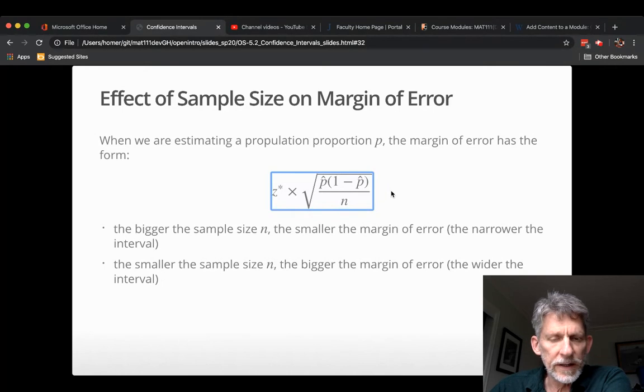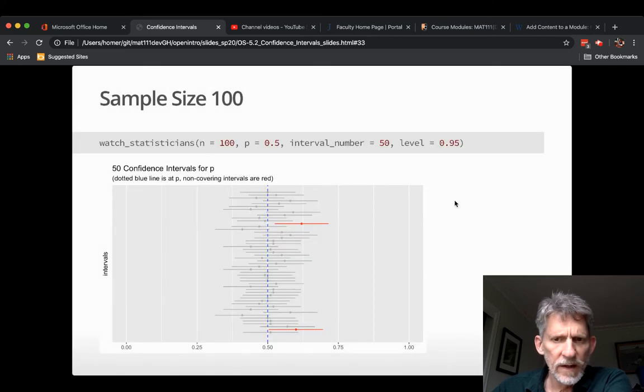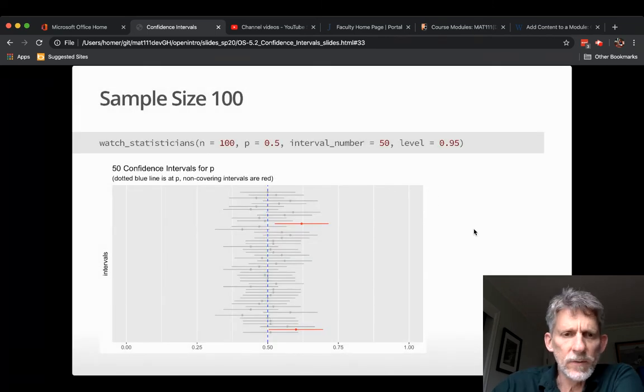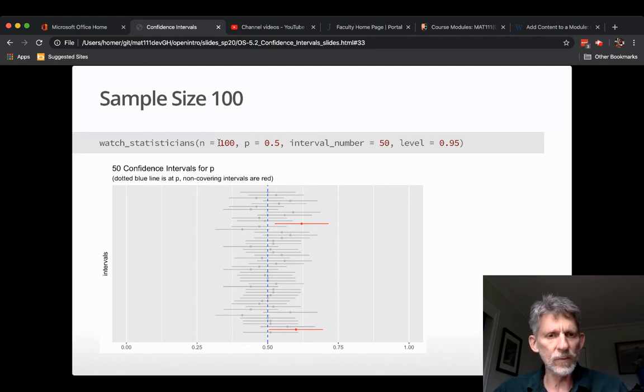On the other hand, the smaller the sample size is, the bigger the margin of error is going to be. You can watch this at work. If you were to watch statisticians who are all taking samples of size 100, and let's say the true population proportion is 0.5, let's say you're watching 50 statisticians and they're all making 95% confidence intervals.